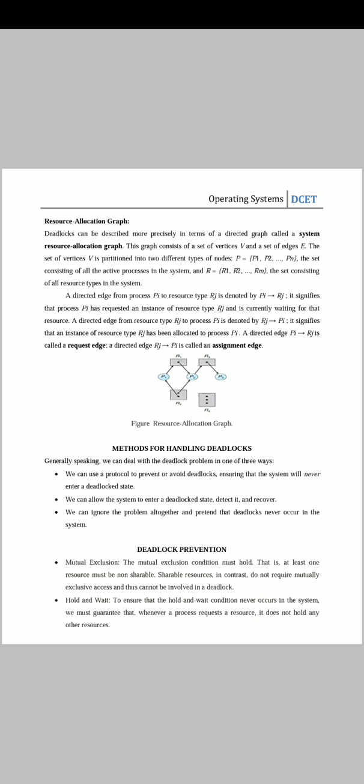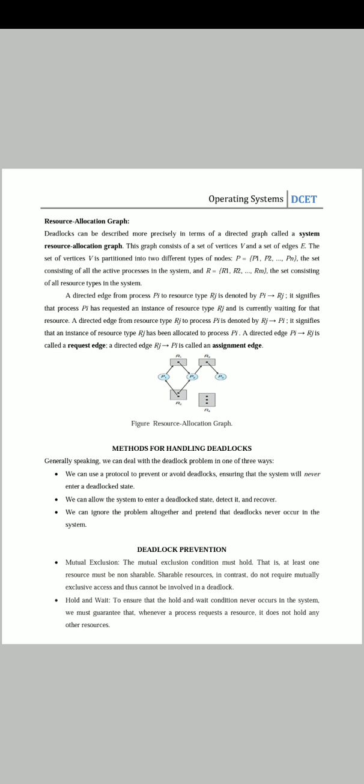Then I go to the doctor and recover from it. The third method is, after going into the rain and getting the fever and cold, I simply pretend that nothing has happened to me. These are the three methods we use for handling the deadlock.